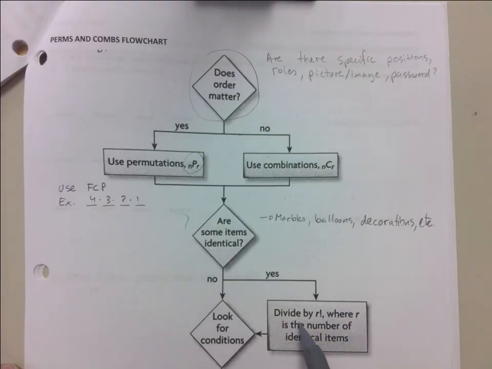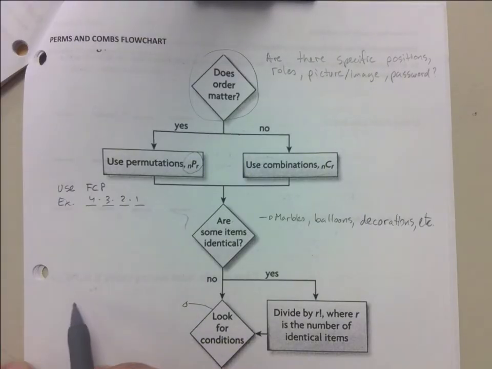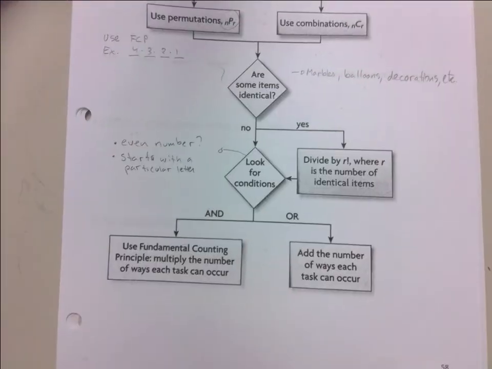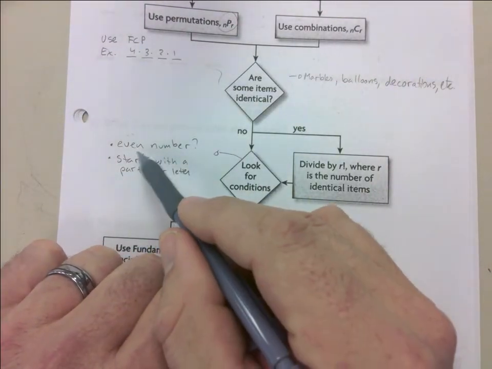If the answer is yes, we divide by R factorial, where R is the number of identical items. Also look for conditions. Even if you say yes, look for additional conditions. For example, is it an even number?